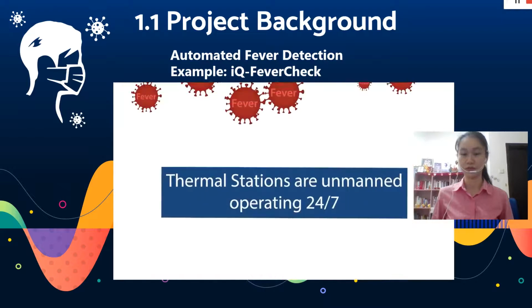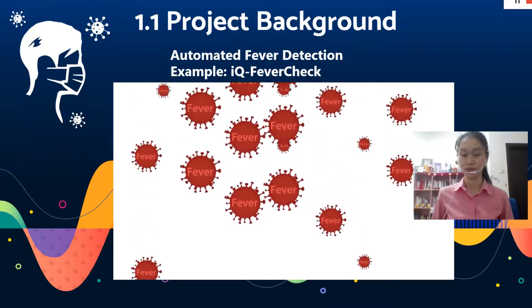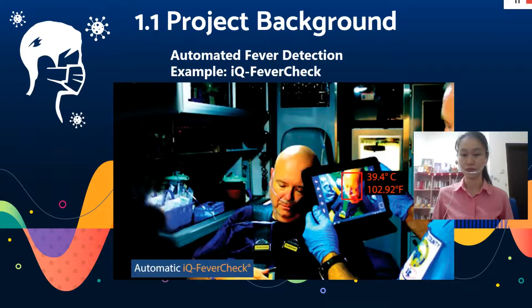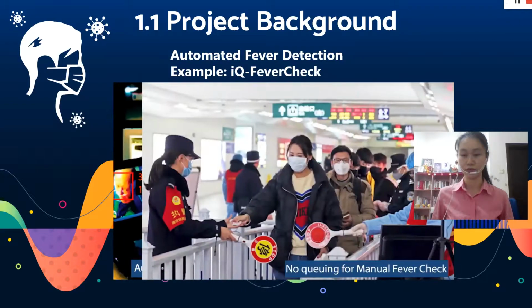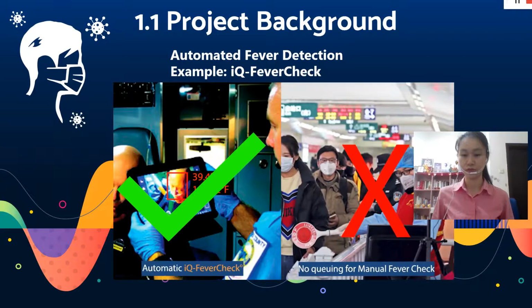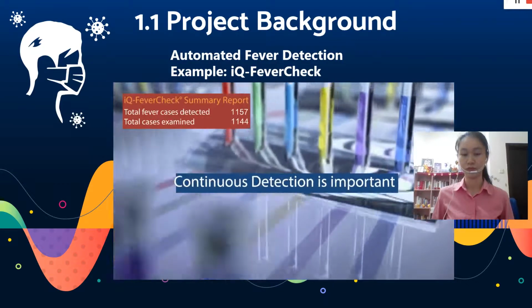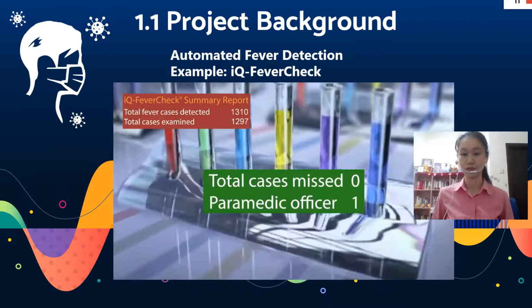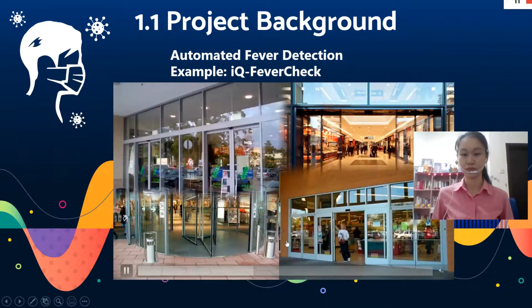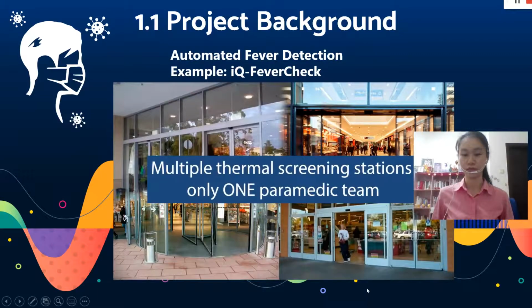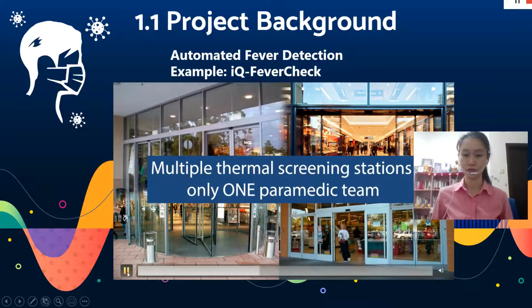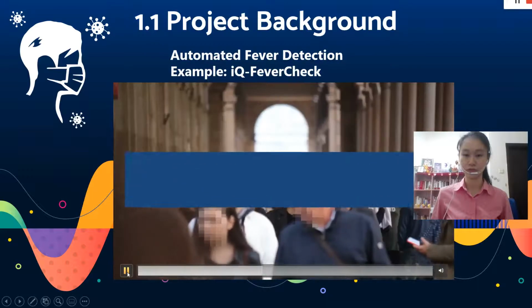The thermal stations are unmanned and can operate 24/7. If a person with a fever is detected at any time, the paramedic team can be advised immediately and can take action. 24/7 continuous detection is important, as a person may only exhibit a fever later in the day. In a facility with many entrances, multiple thermal stations may be needed, but only a single paramedic team.